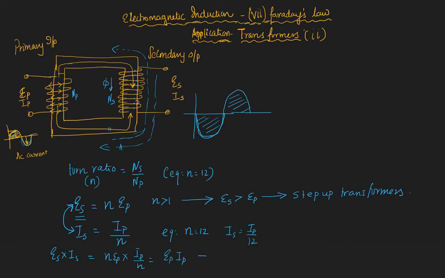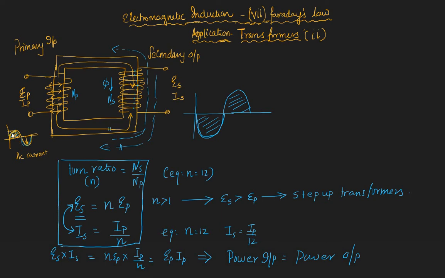So in other words, this is consistent with the power of the input being equal to the power of the output. So these are the key equations for transformers.